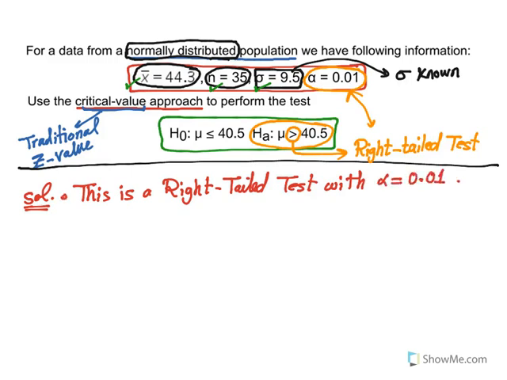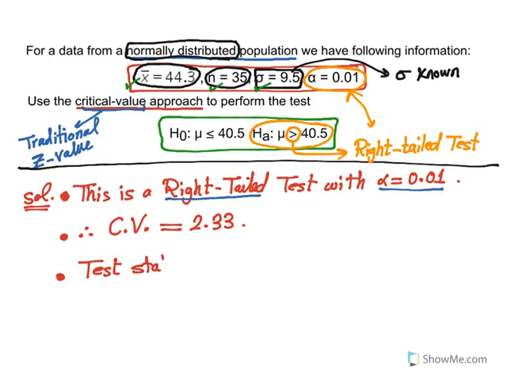This is the first thing that you have to notice when you read the question: the alpha and the type of test. The second thing is, we saw how to compute the critical value, and our critical value was 2.33. Then we moved on and computed the test statistic.